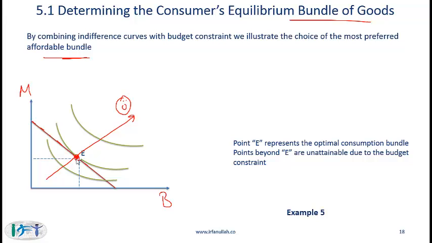That condition, where the budget constraint touches a particular indifference curve, happens here at point E. This means that point E is the optimal consumption bundle. It makes the consumer as happy as possible given his particular constraint.